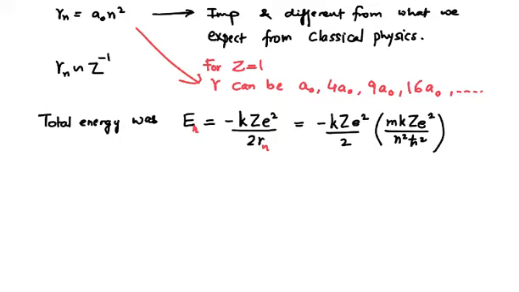But if you keep the parameter Z in the kinetic energy equation, you will also see that this Bohr radius is inversely proportional to atomic number. The Bohr orbits for single electron atoms with Z greater than 1 are closer to the nucleus than the corresponding ones for hydrogen. It's important to get that information.